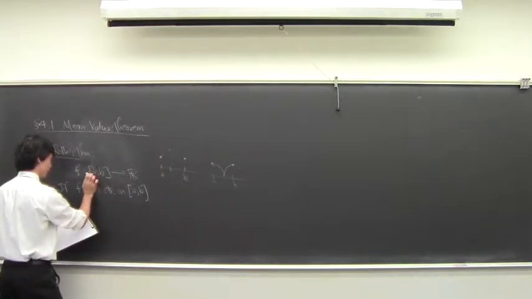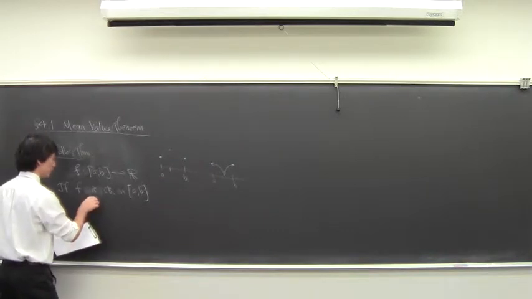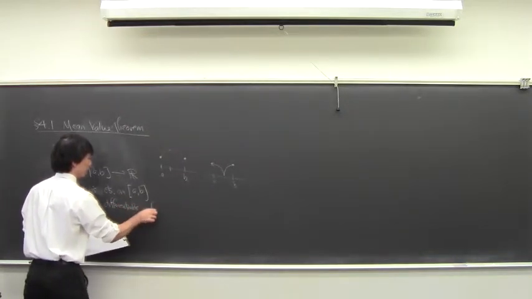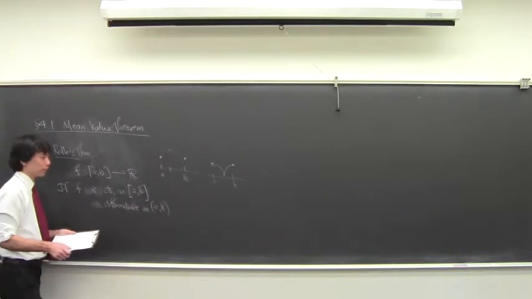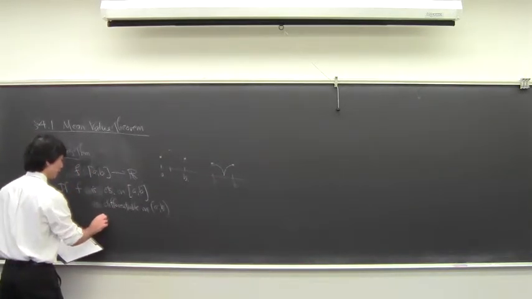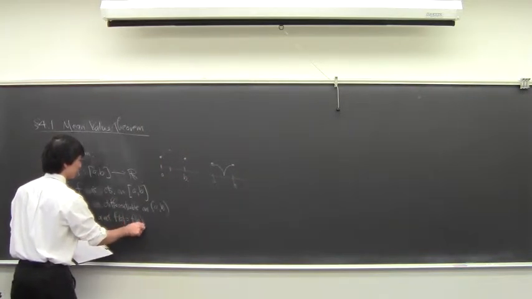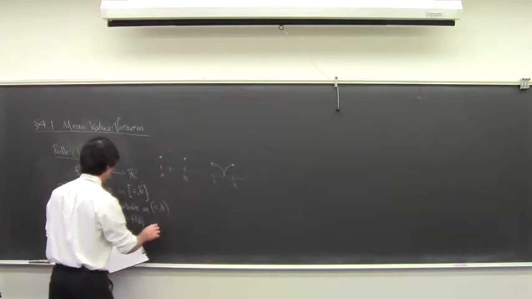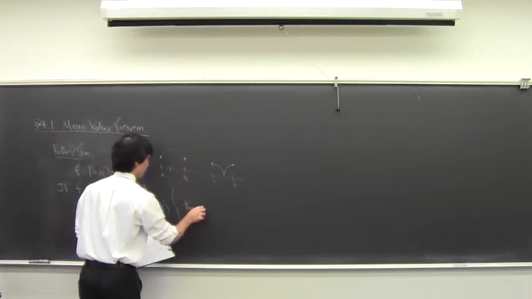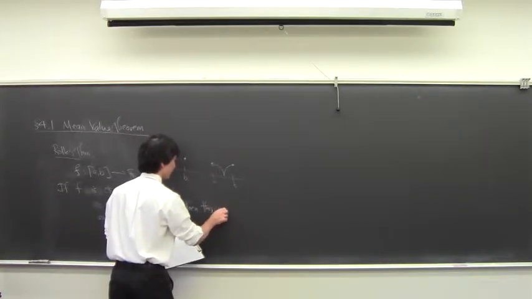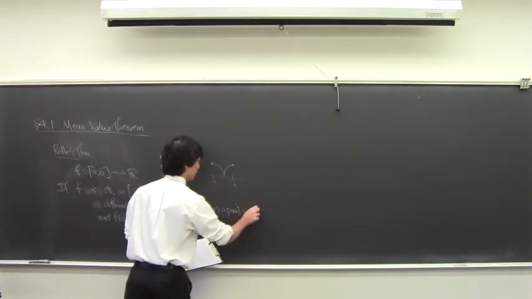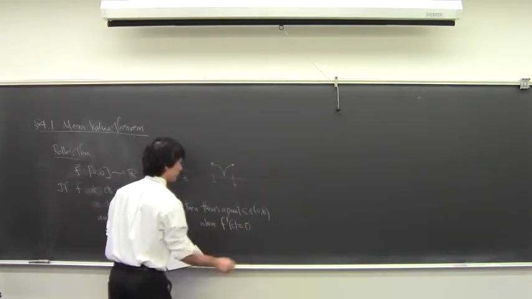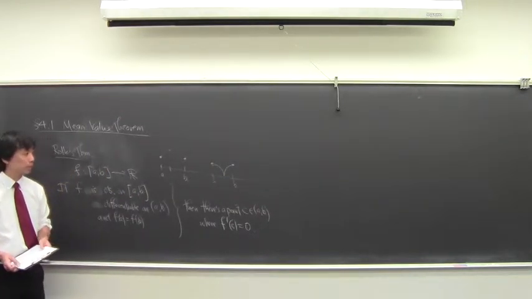If f is continuous on the whole interval, is differentiable on the interior of the interval, and f of a equals f of b, then there's a place c in the interior where f prime of c equals 0. So there's a place where f prime of c equals 0.